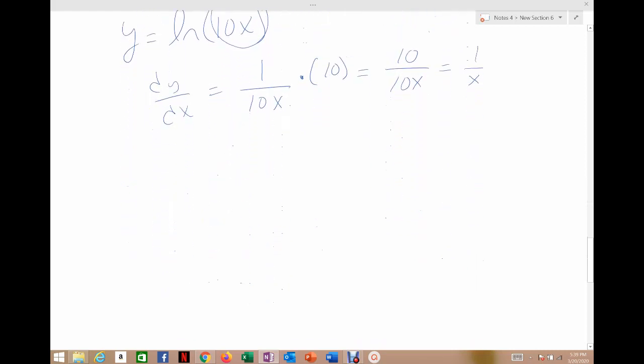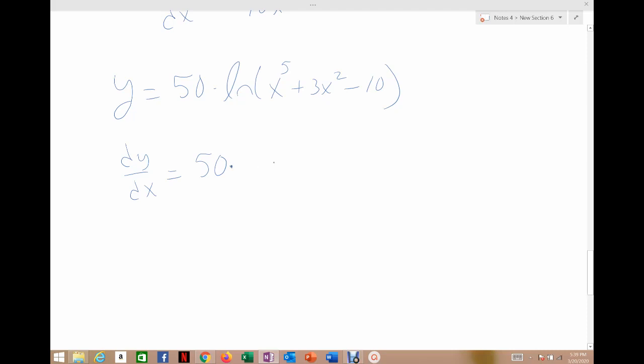But what if it's more than just a constant times x? What if it's 50 times the natural log of x to the 5th plus 3x squared minus 10? So it's the natural log of that polynomial. The 50 is outside, just a constant multiple, so 50 comes along, times the derivative of the natural log.